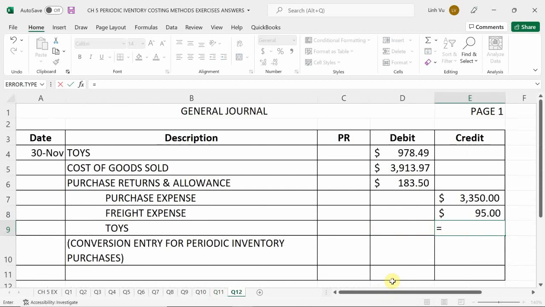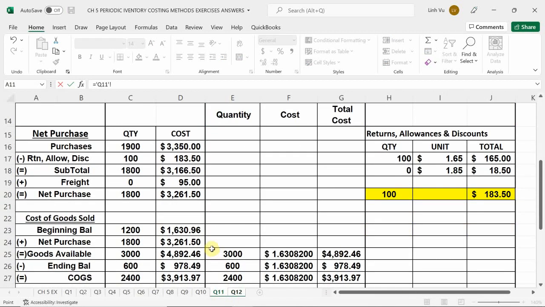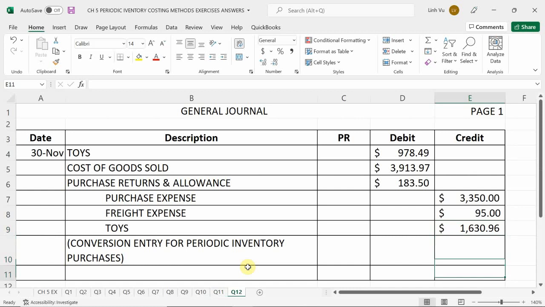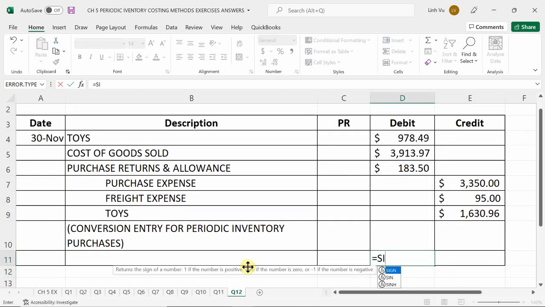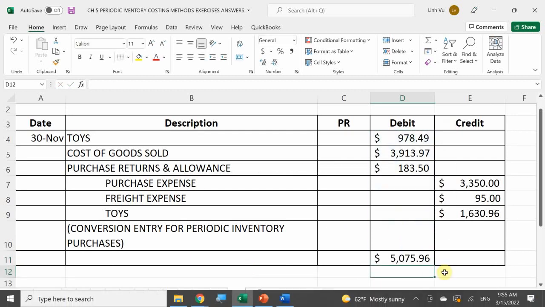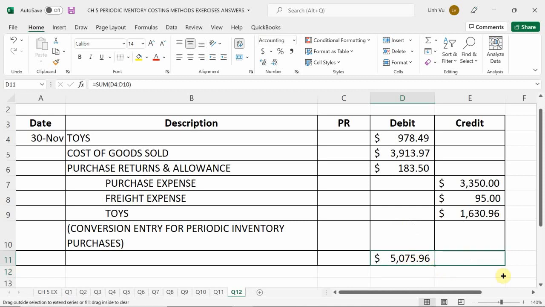And last but not least, my total beginning inventory? 1,630.96. Double confirm that your total debits of $5,075.96 match your total credits of $5,075.96.